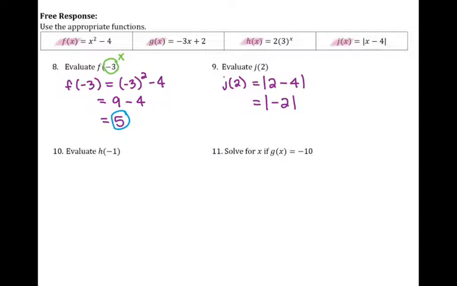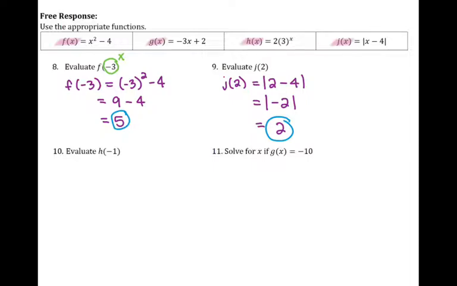And distance can never be negative. So -2 is 2 units from 0. So +2. So whenever you're taking an absolute value of some number, it should always be positive because the definition of absolute value is the distance from 0, and distance can't be negative.